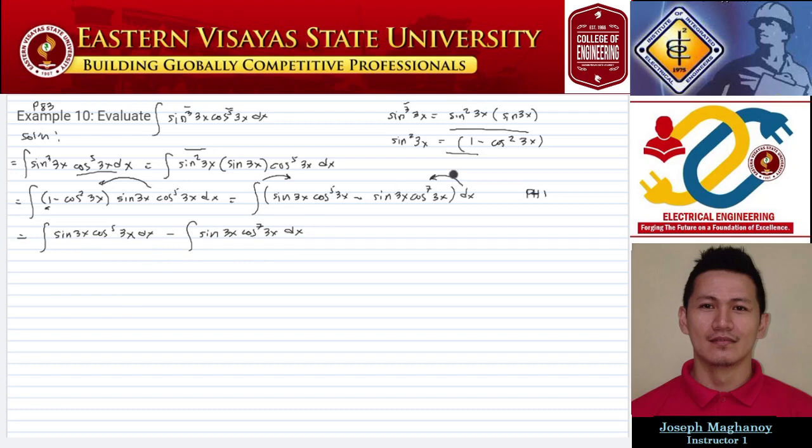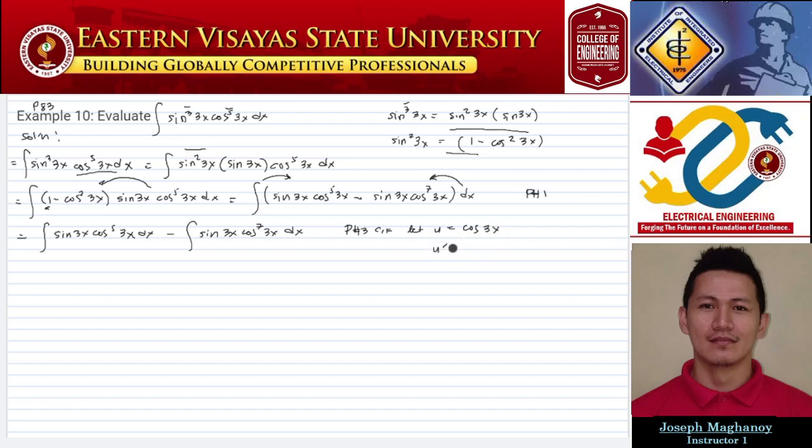Okay, so we apply our property number 3. That is our correction factor. So we need to determine our correction factor. In this case, we use cosine 3x as our u. So we let u equal to cosine 3x.